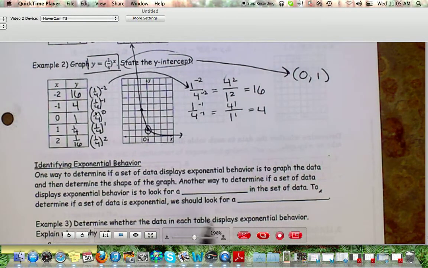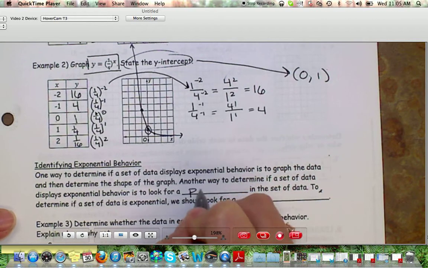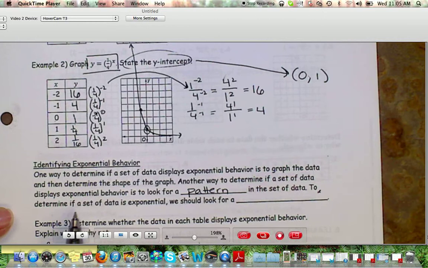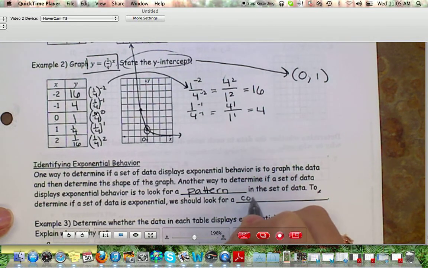It's like a wall. Another way to determine if a set of data displays exponential behavior is to look for a pattern in the set of data. To determine if a set of data is exponential, we should look for a common factor.